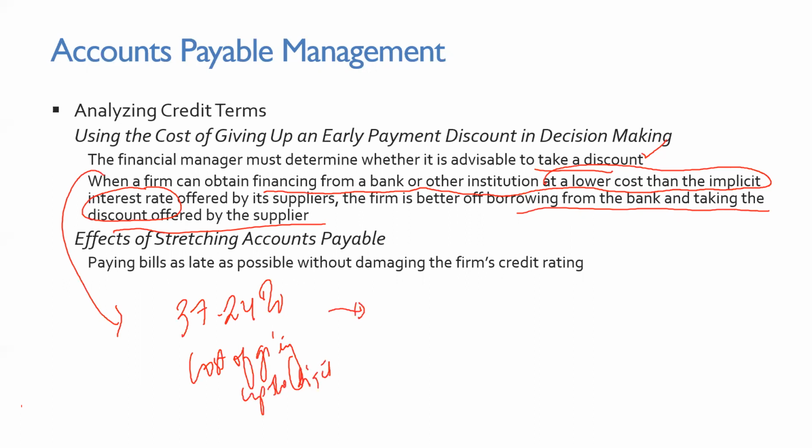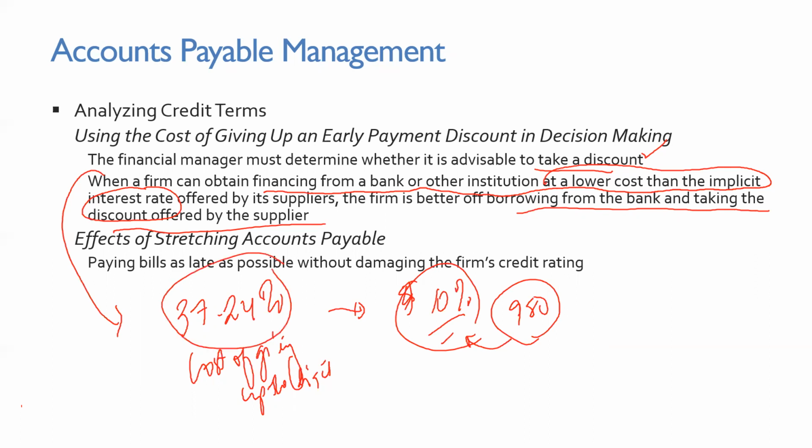And then, if for example, you can get similar financing from a bank, say at 10%, utangin mo na lang yung 980 at 10% para makabayad ka before the discount period ends, rather than forego the discount and pay later because it costs you 37.24% of interest to wait for 20 days. So I guess that's the interpretation of these statements.